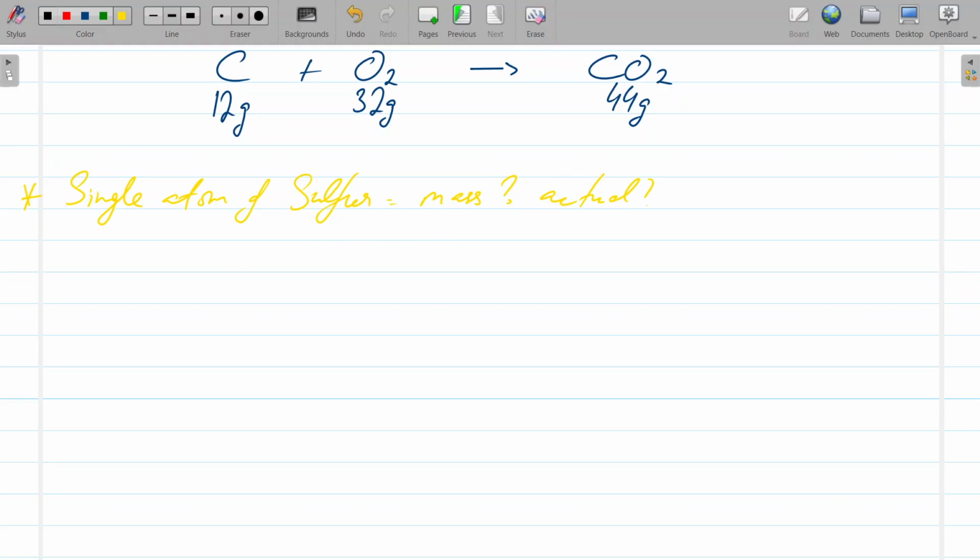And so the figure they give is 0.000000000000000000000005316 grams.